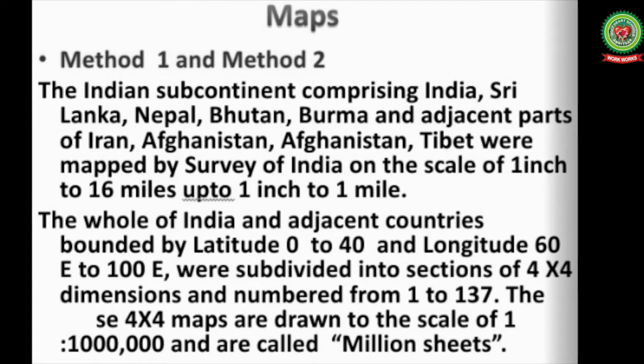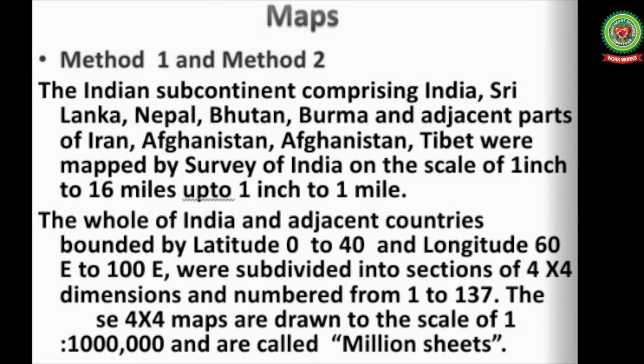Whole of India and adjacent countries bounded by latitude 0 to 40 degrees and longitude 60 degree east to 100 degree east was subdivided into sections of 4 by 4 dimensions and numbered from 1 to 137. Thus, 4 by 4 maps are drawn to the scale of 1:1 million and are called million sheets.